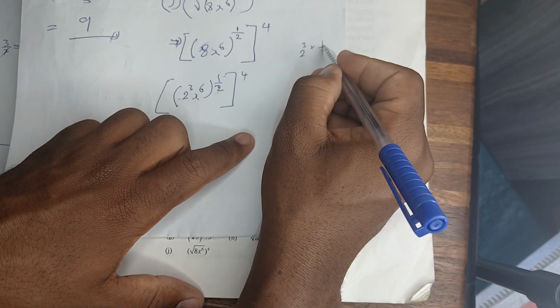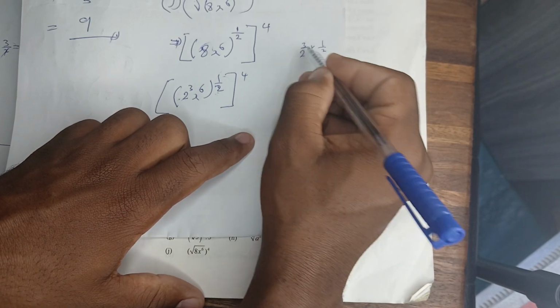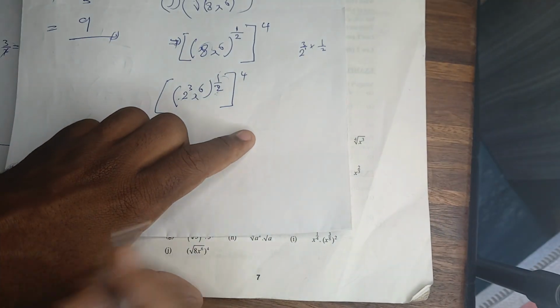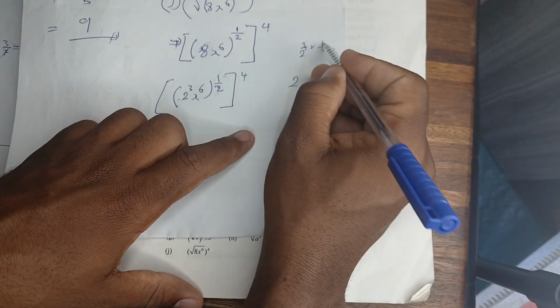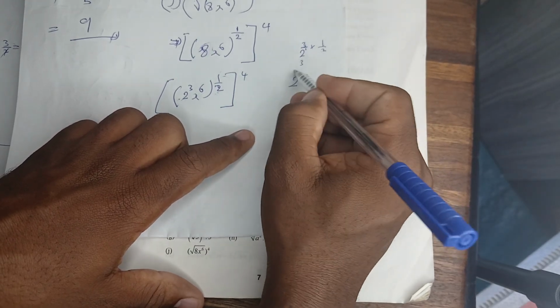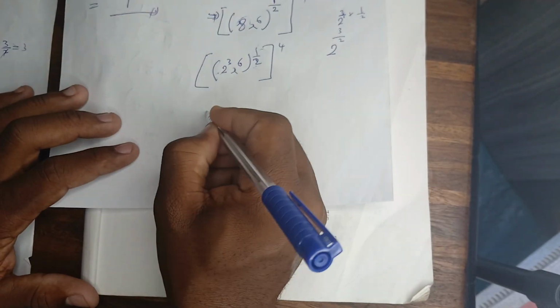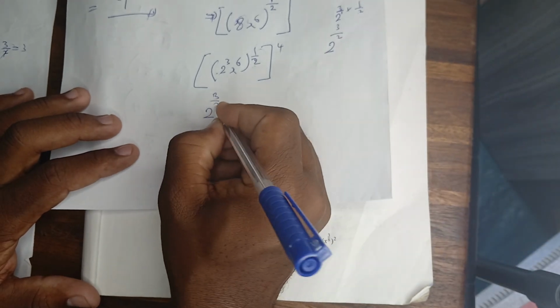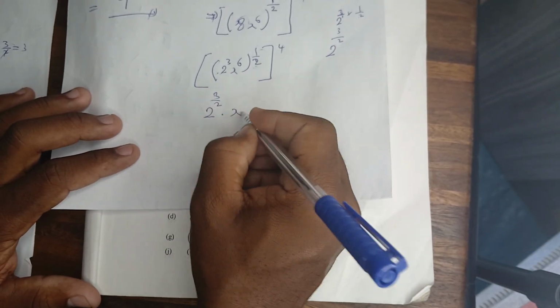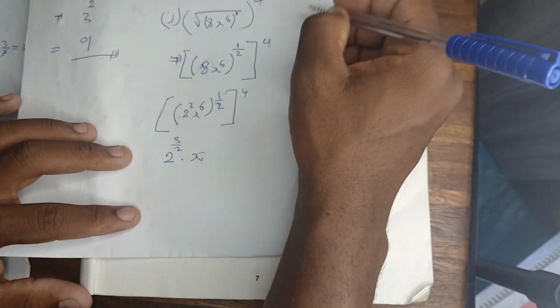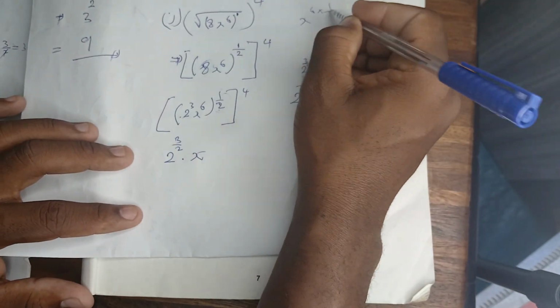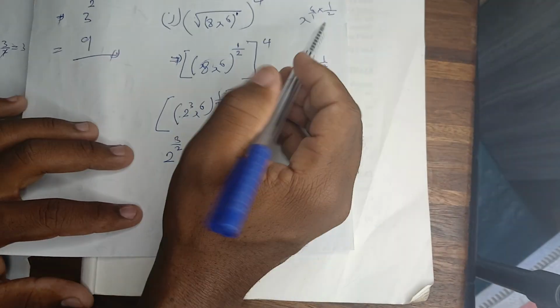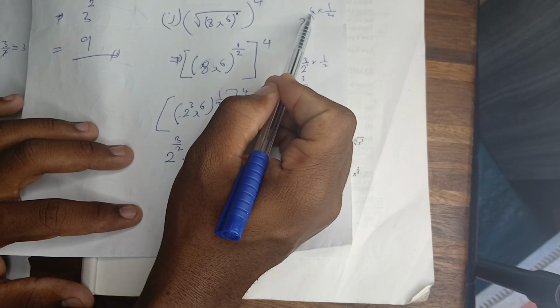This one is a fraction, this one's not, so you make it a fraction. Therefore 3 times 1 is 3, 1 times 2 is 2. So our base is 2, to the exponent 3 over 2, multiplied by x. For our x we've got 6 multiplied by 1 over 2, right? This one was a fraction, this one was not, so you make it a fraction.